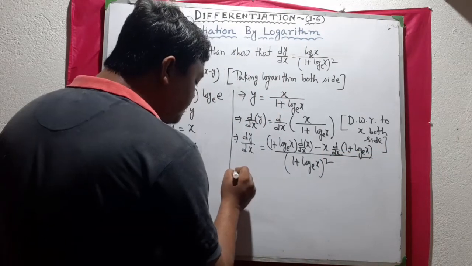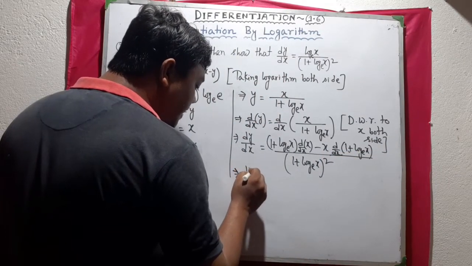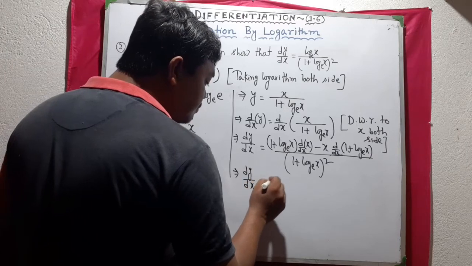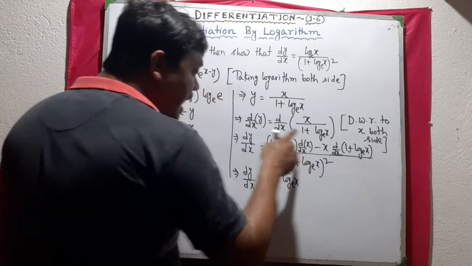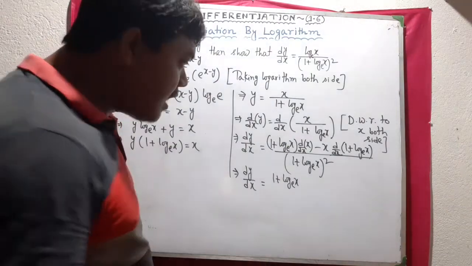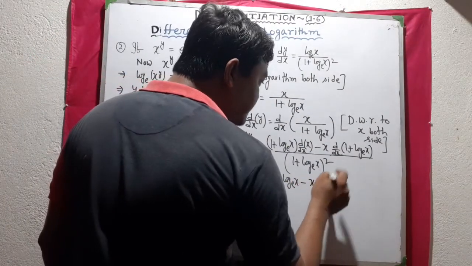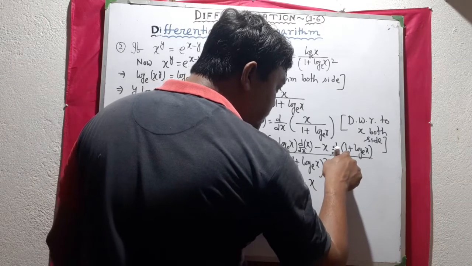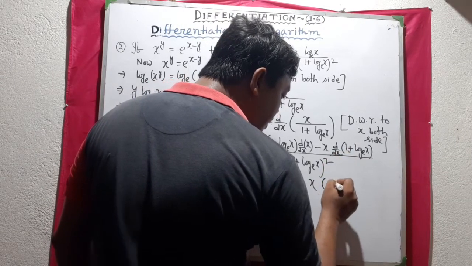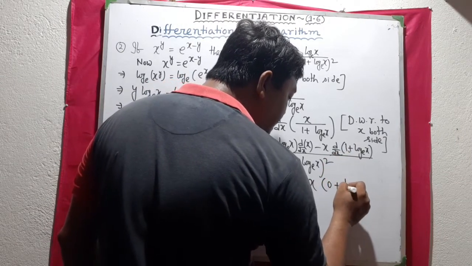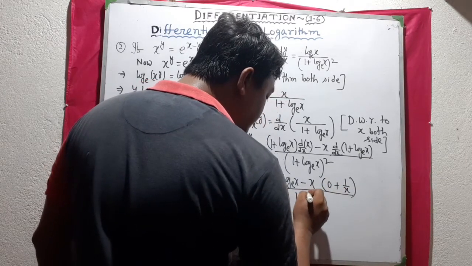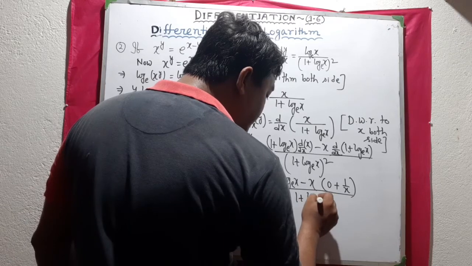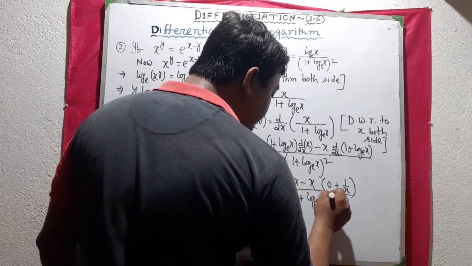So now we simplify it. dy/dx equals (1 plus log x base e) and d/dx of x, that is 1, minus x into, if I take the derivative of 1, that is 0, and log x derivative is 1 by x, by (1 plus log x base e) whole squared.